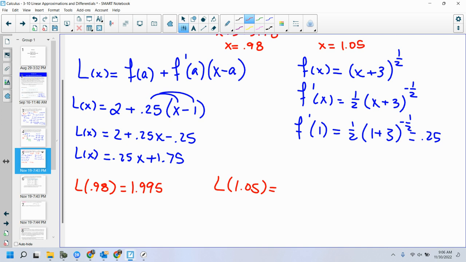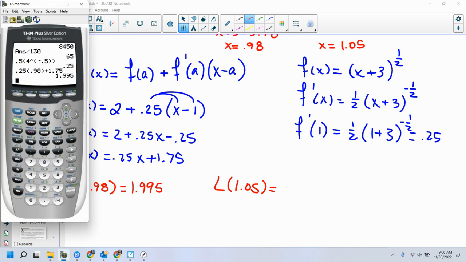And then I take 1.05. We take 0.25 times 1.05 plus 1.75. That's 2.0125.